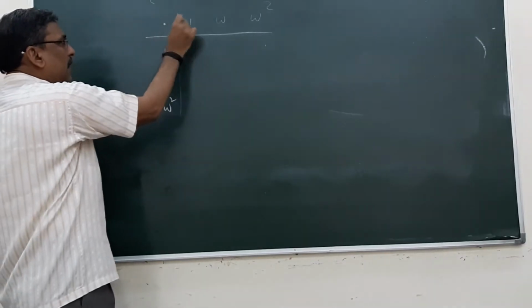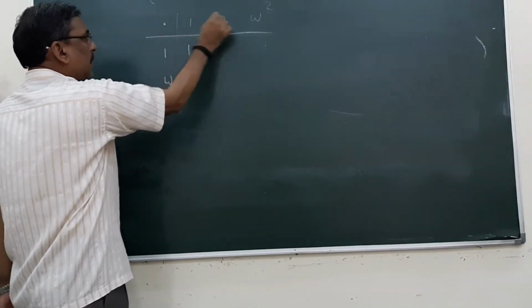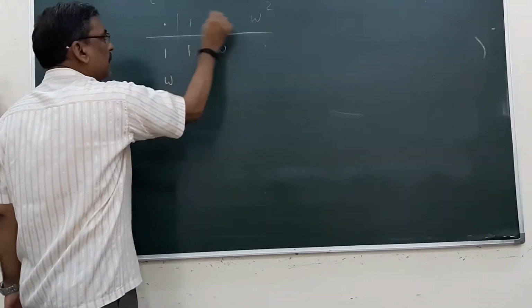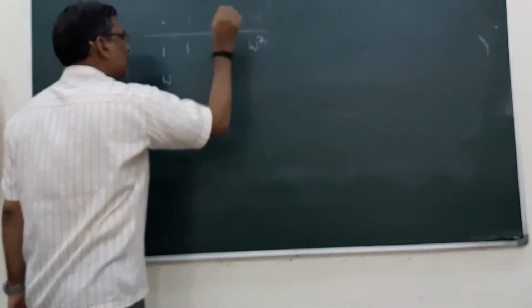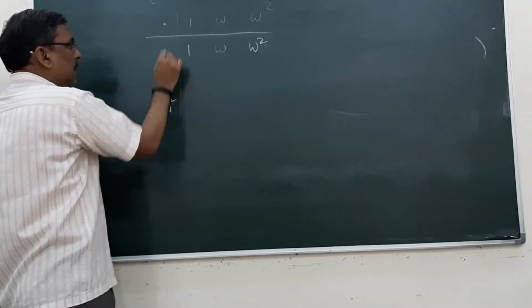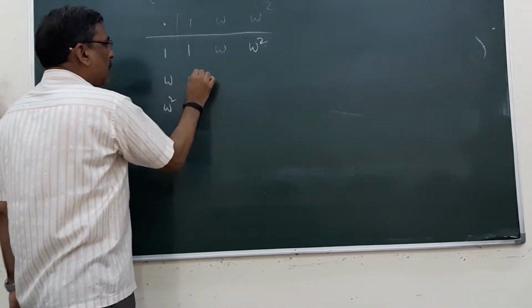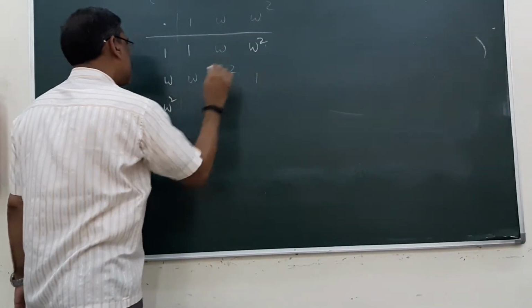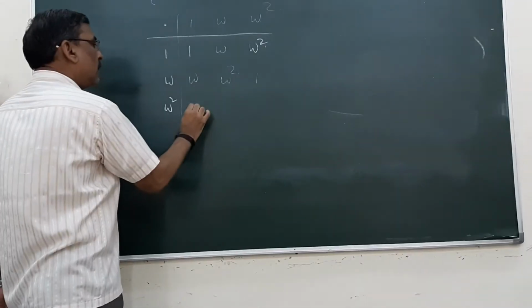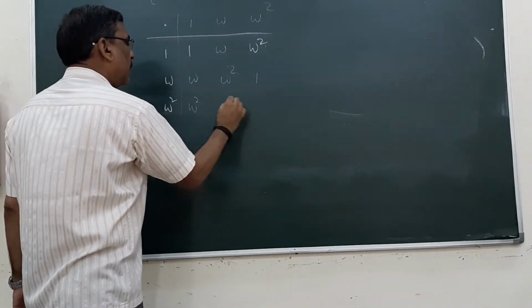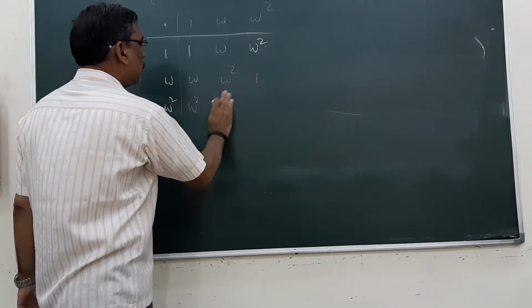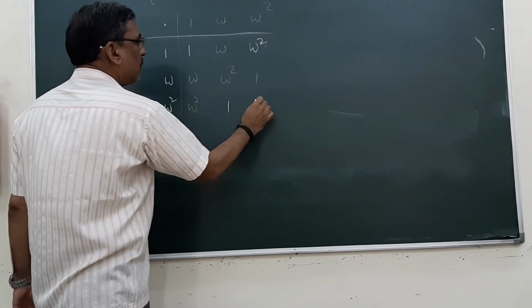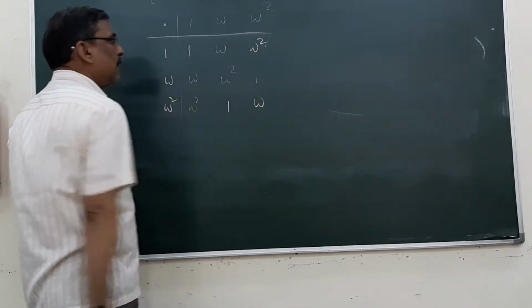So 1 multiplied by 1 is 1, 1 multiplied by omega is omega, 1 multiplied by omega square is omega square. Similarly, the other entries are omega square, omega cube means 1, omega square, omega cube means 1, and omega 4 means omega.